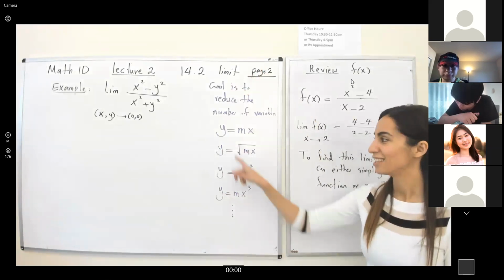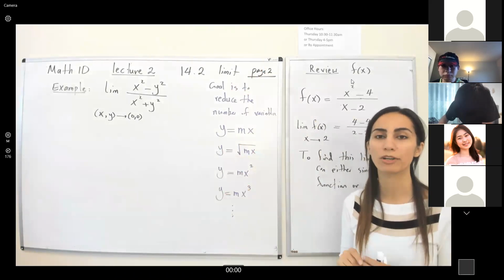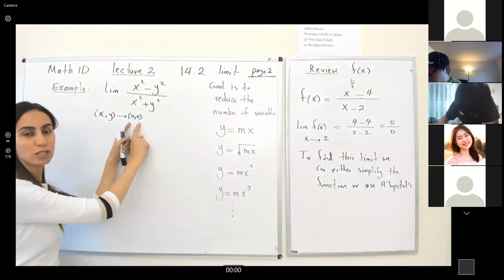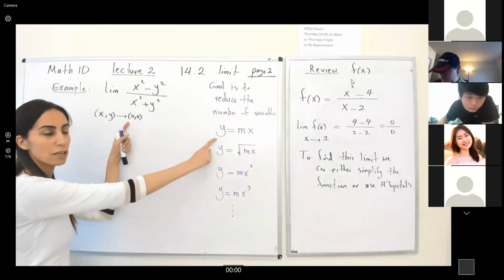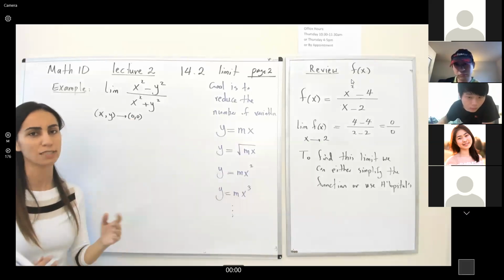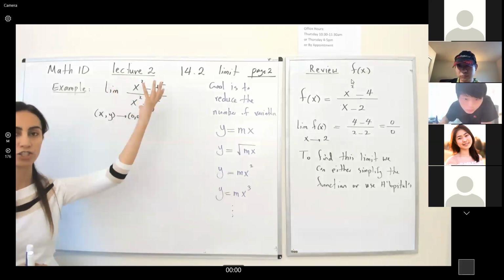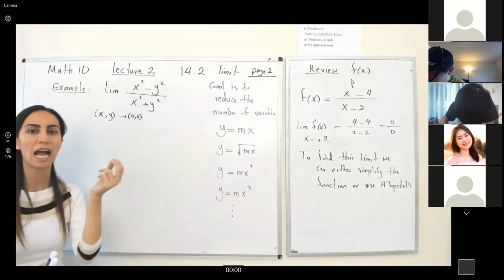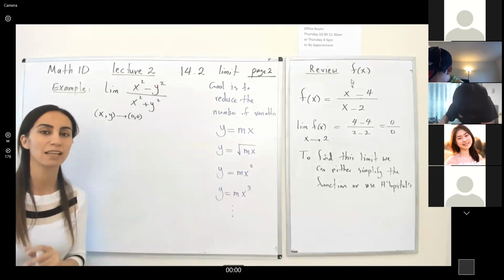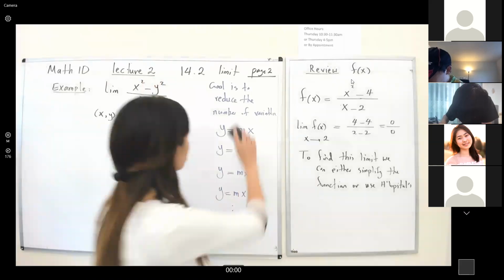Note that each of these functions passes through the origin. This point is the origin. The functions that I'm defining are functions that pass through the origin. What's next? After simplifying your function, if you have an expression in m, then you say that the limit doesn't exist.